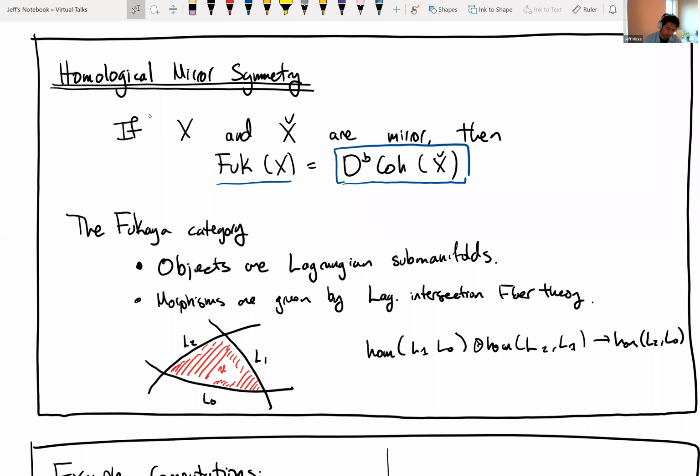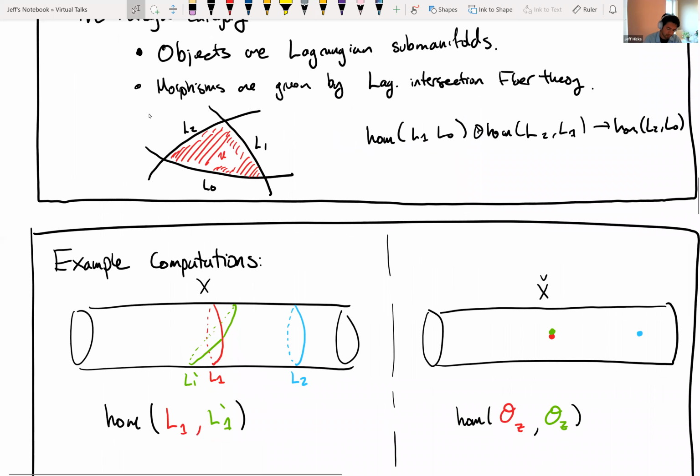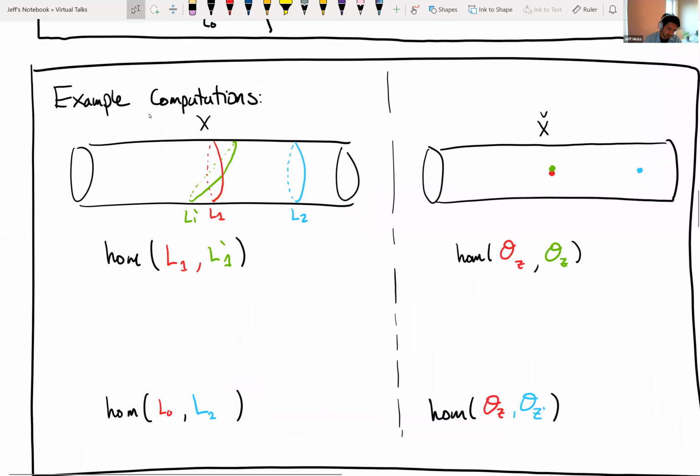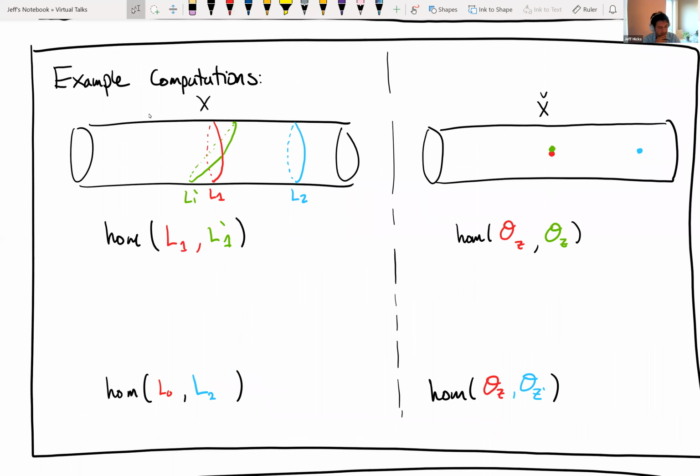So perhaps we should take a look at an example computation which kind of validates some of these mirror symmetry predictions. So here I've drawn a Lagrangian L1, and I've drawn a Hamiltonian push-off of that Lagrangian, L1 prime.